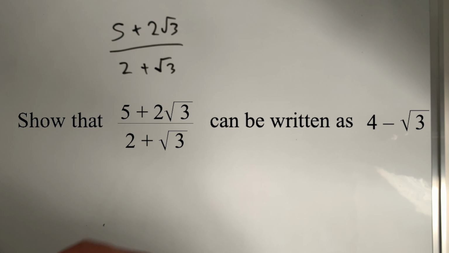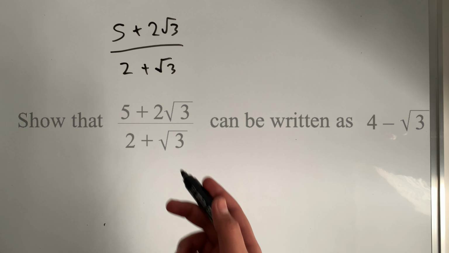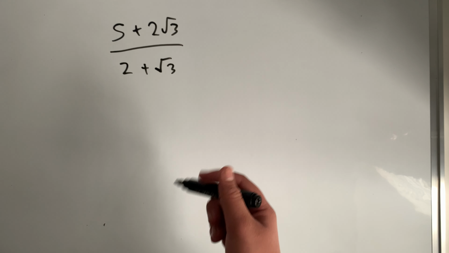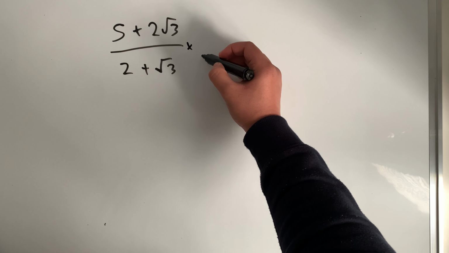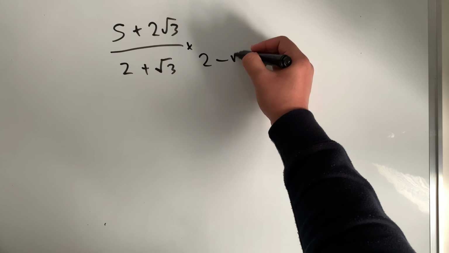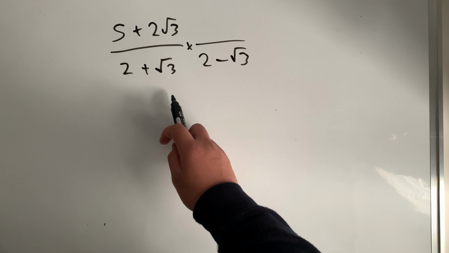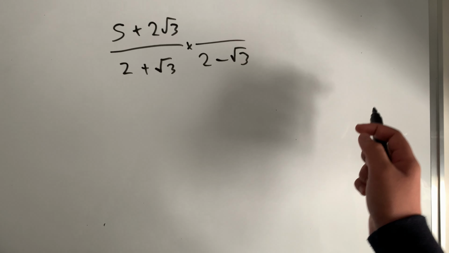So for this, they are asking us to show how it can be written as 4 minus root 3. So again over here, we have to rationalize the denominator, but this time we're going to use a minus. So we use the minus because we want to cancel out the root 3 and root 3.